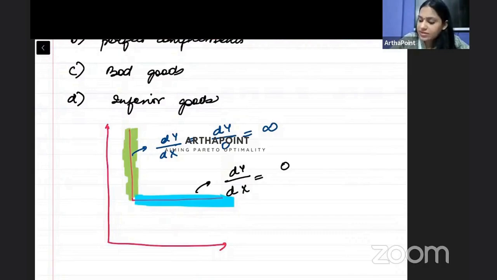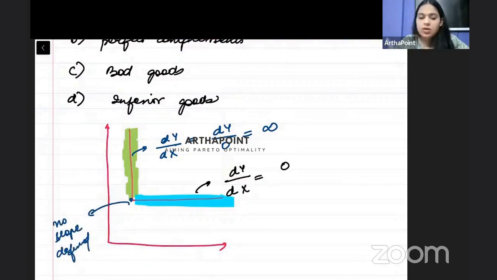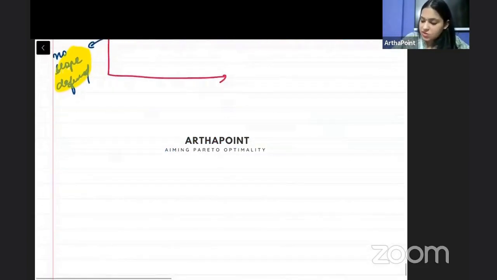And if I look at this part on the kink, then we have no slope defined. So all these 3 cases are possible for perfect complements. Perfect complements में 3 चीजें होंगी. The first thing is you can have infinity slope, you can have 0 slope, and you can have slope not defined. तो तीनों ही cases में the answer that we will be writing will be perfect complements, right? Okay. Next question, beta.